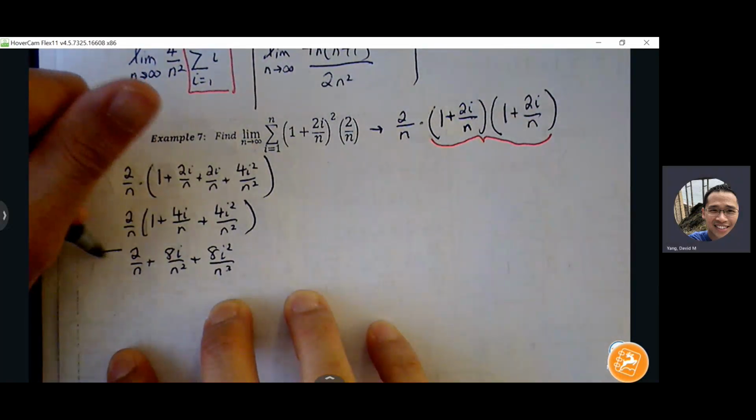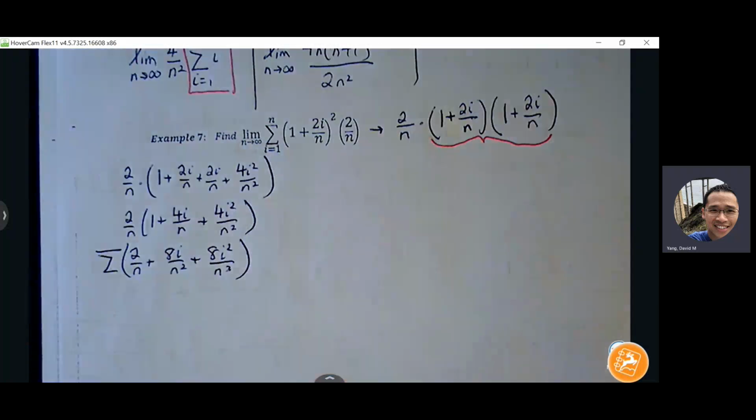There's a summation that needs to be applied for each of these. So I'm going to start separating them out, and then I'm going to pull my coefficients out in front so I can isolate my summation of 1, my summation of i, and my summation of i squared.